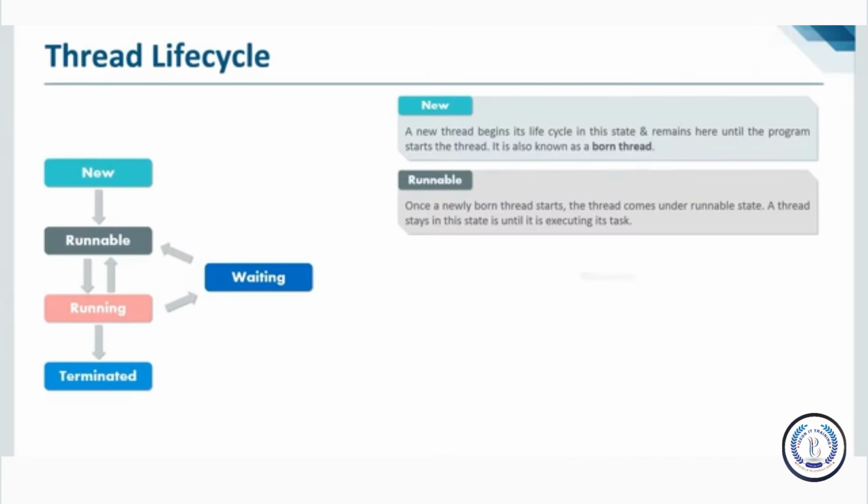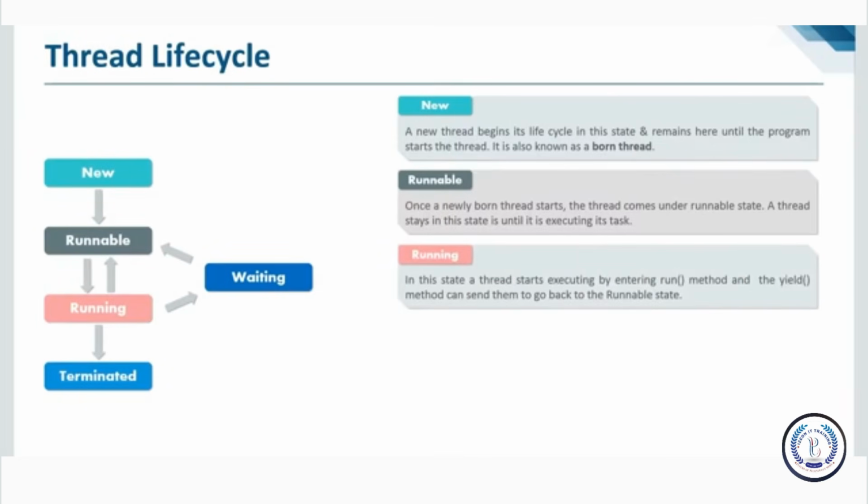Once we start the thread, the state is changed to the runnable state, so that it can run. And finally, your thread is now running. Running means it is executing the run method, which is the method we have to override from the Thread class. And we even have the yield method that can send it back to the runnable state again.